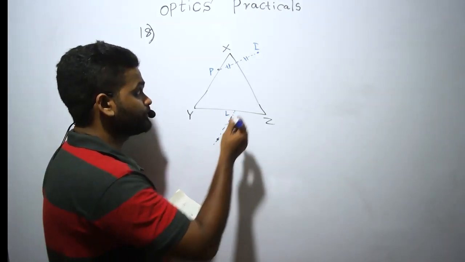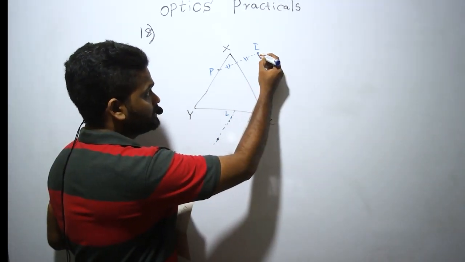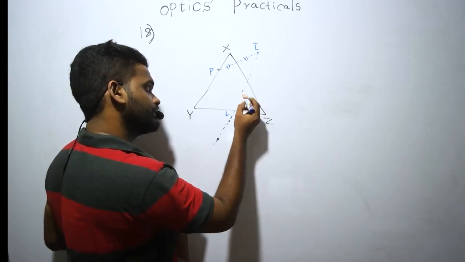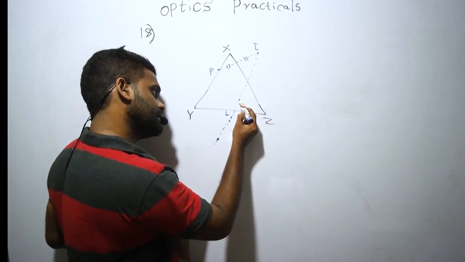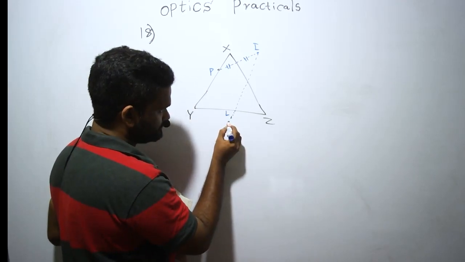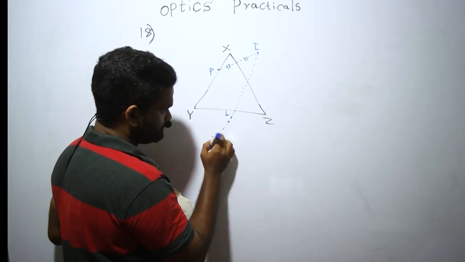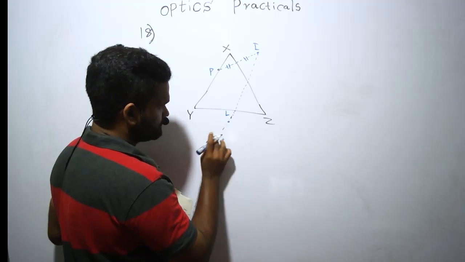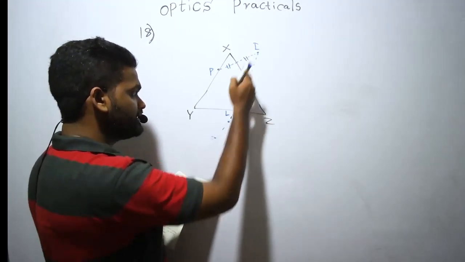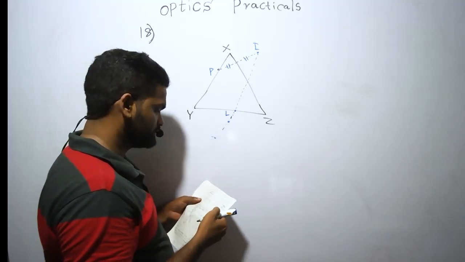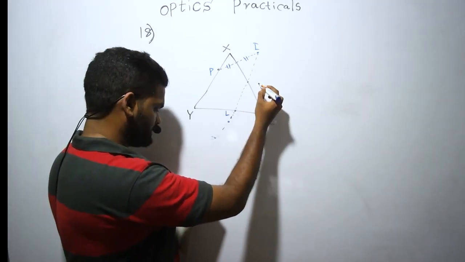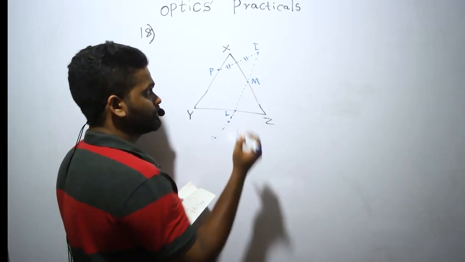Then what do you do? Then you have to draw this line, the IL line. And at the intersecting point, we have capital M, right?